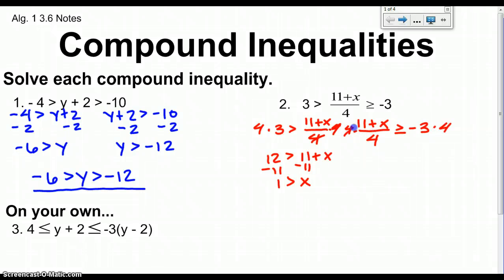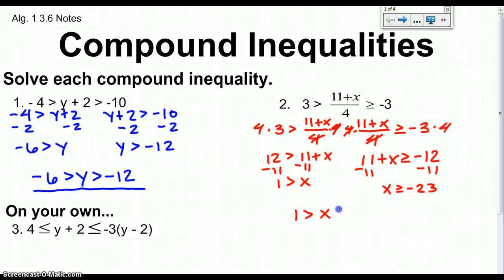So this 4 and this 4 cancel, and we get 11 plus x is greater than or equal to negative 12. Subtract 11, and then we get x is greater than or equal to negative 23. So then we're going to combine them. So we have 1 is greater than x, and then x is greater than or equal to negative 23. And that's our answer.